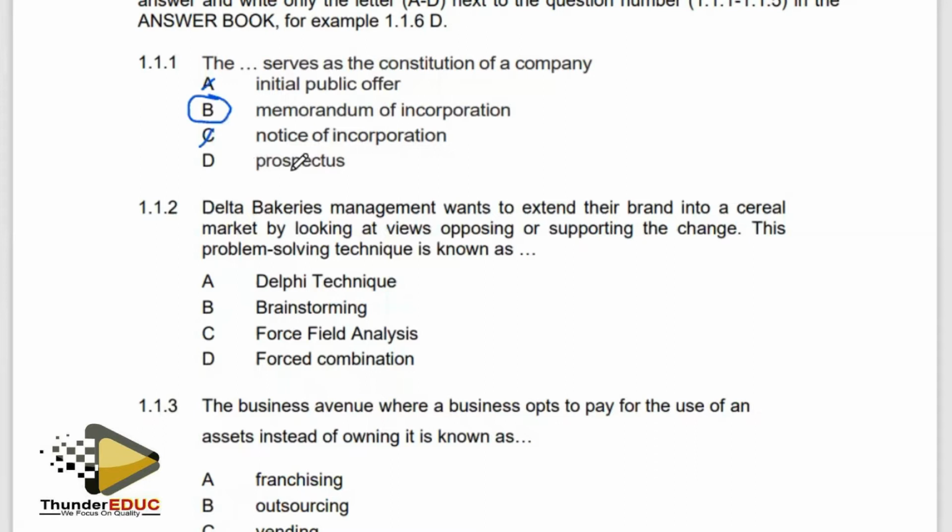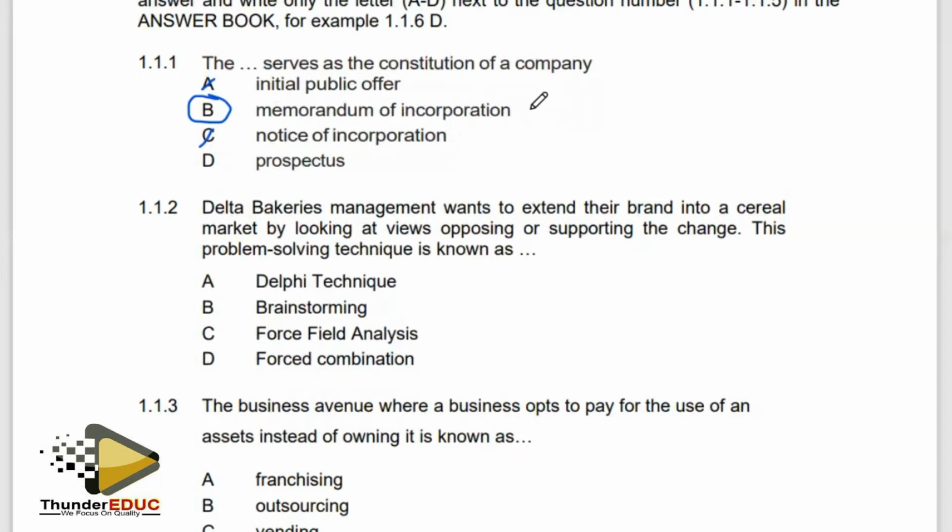But a prospectus is a document which invites the public to come and buy shares into a company. It has never served as a constitution for the company. A prospectus invites the public to come and buy shares from the company.